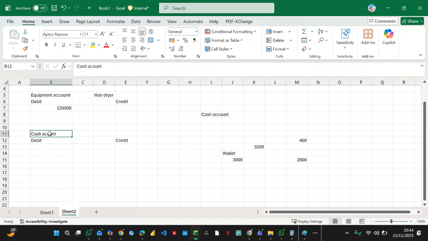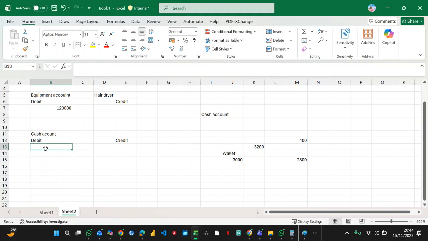Cash goes into the debit side whenever money enters the business. Do you understand that? So you're saying if money enters the business, it goes into the debit side. Okay, it goes into the debit side.